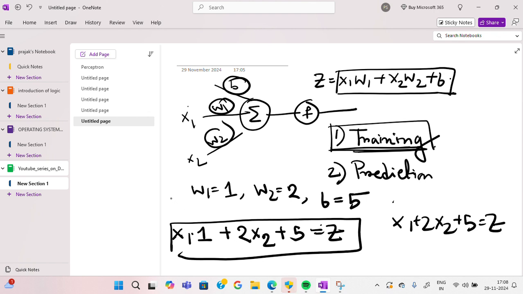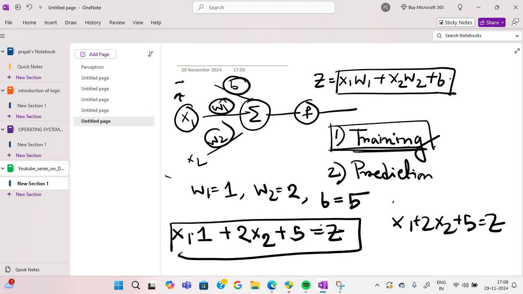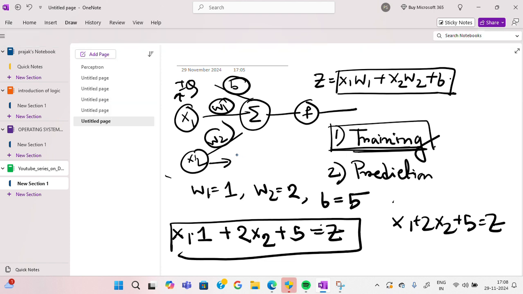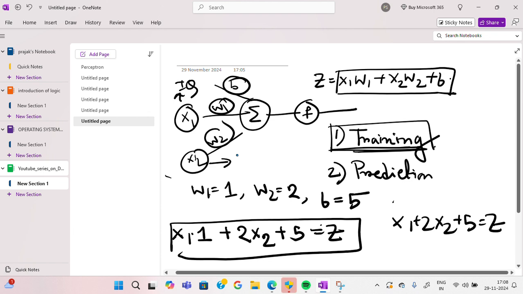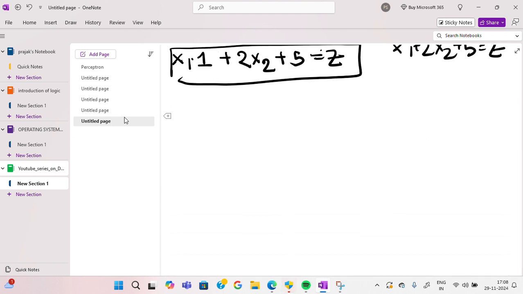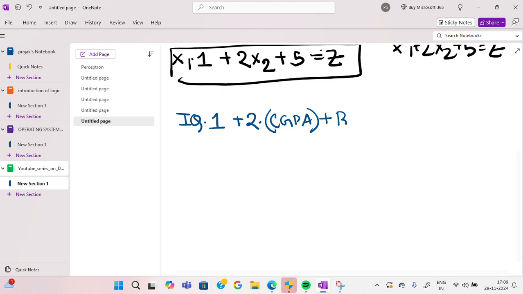So if our input variables are two, x1 is our IQ and x2 is our CGPA, then the thing will be like this: IQ into 1 plus 2 into CGPA plus bias is equal to the Z factor.